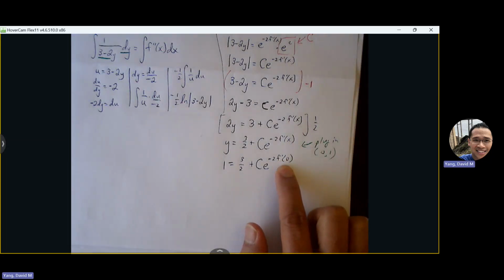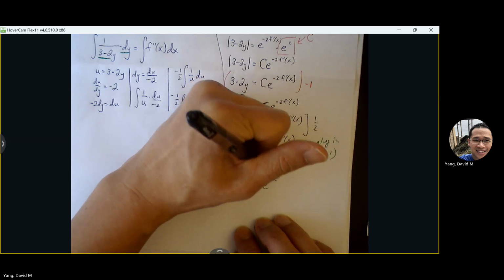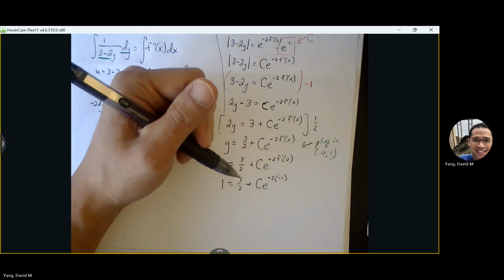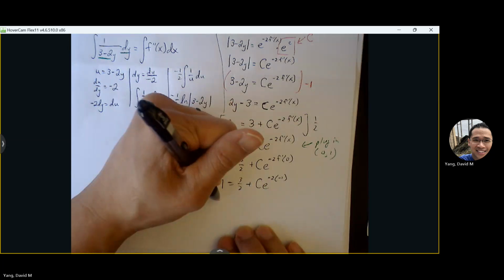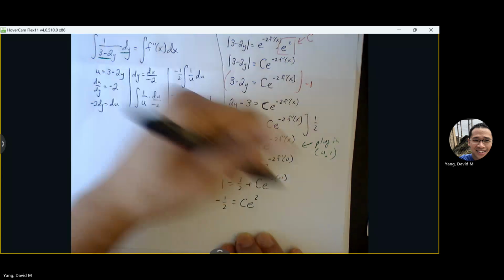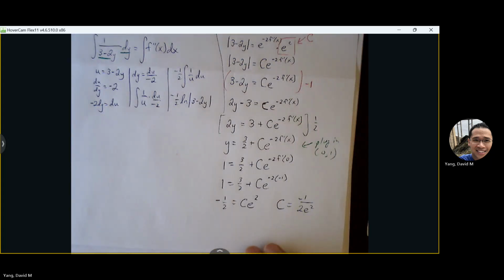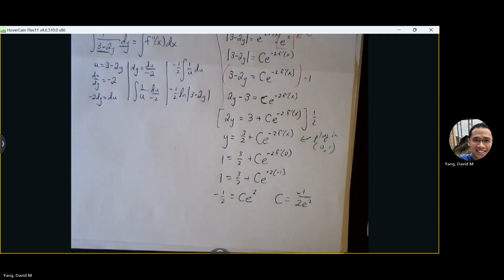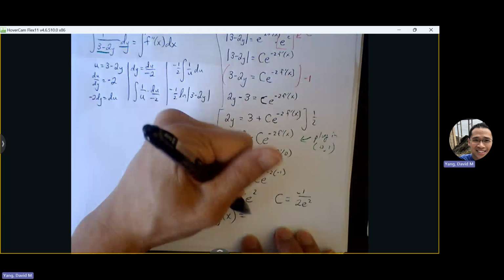F prime of 0 is -1. That's given in our table. Sorry, this is a little messier than what you'll need to be able to do.